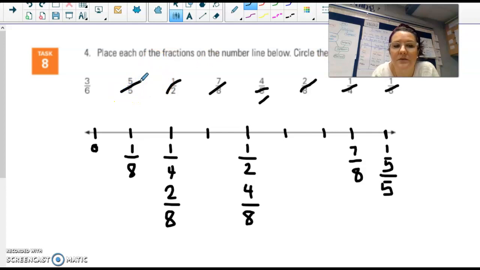Where would that go on this number line? Well, 3 is half of 6, so 3/6 is actually equal to 1/2. So I would put 3/6 in the same place as 1/2 and 4/8. Okay, so double check your number line here.